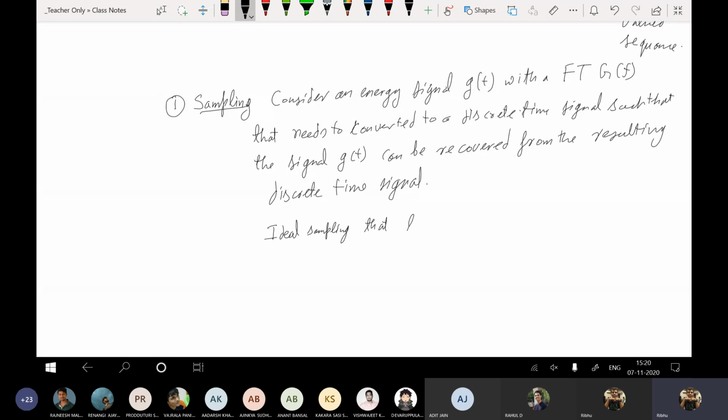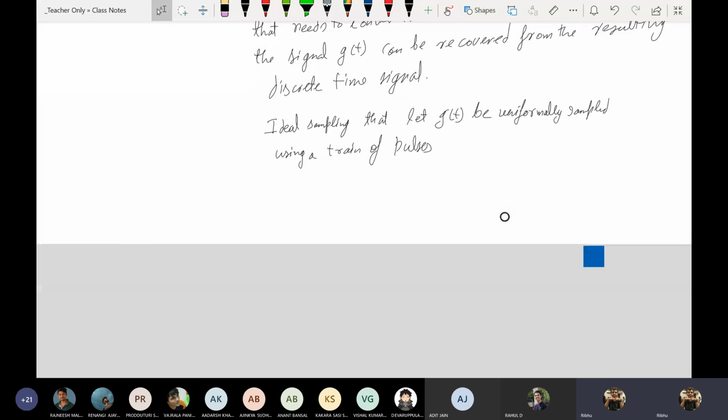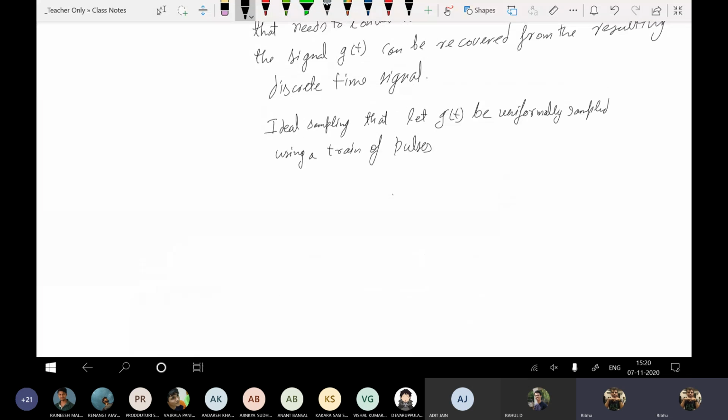Let g(t) be uniformly sampled using a train of pulses p(t) equals summation n goes from minus infinity to infinity delta(t minus nTs).